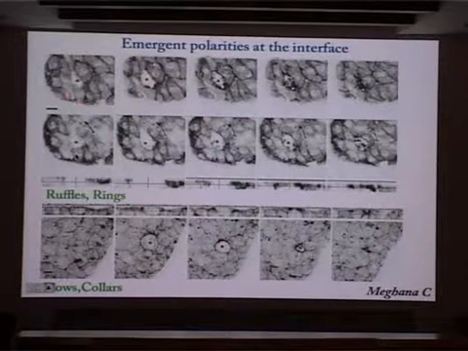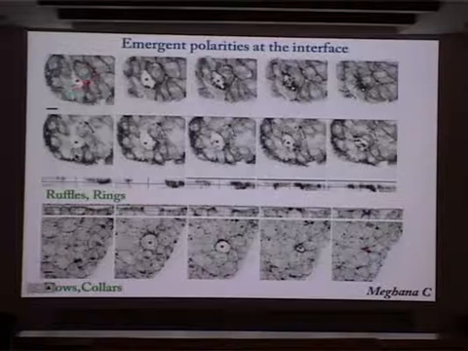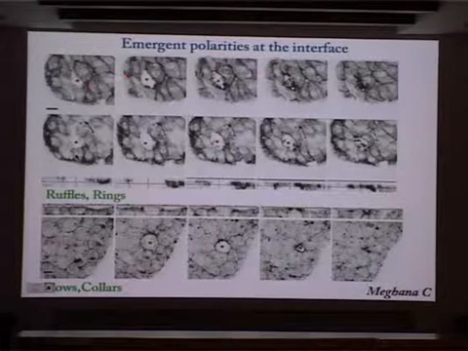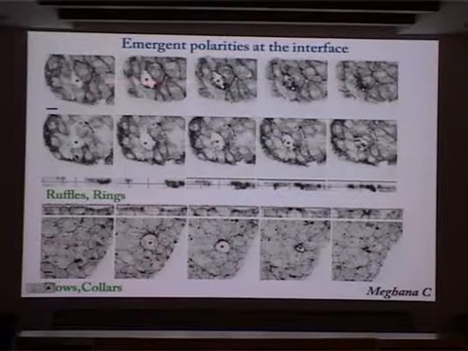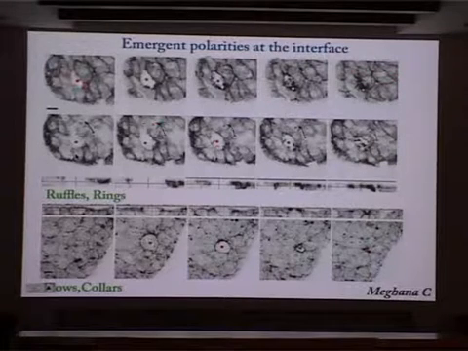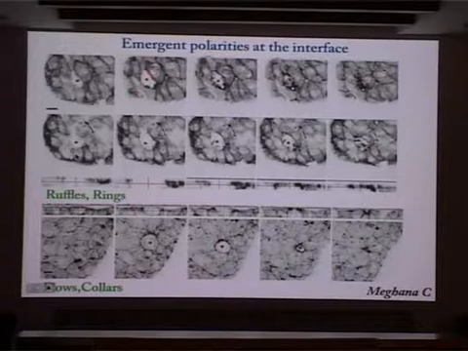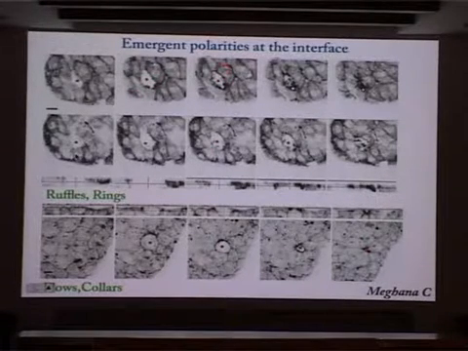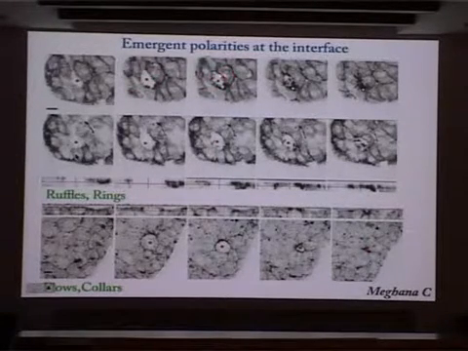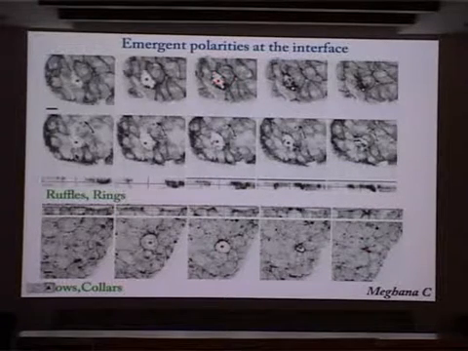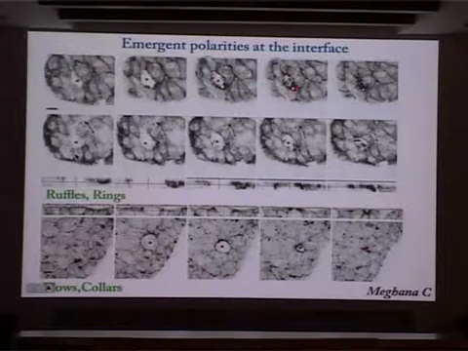And so one of the elements that we looked at shows this. So this dot here marks the cell that was perturbed. And this element here begins to appear in the form of ruffles in a ring, right? And these ruffles kind of move inwards, and I'll show you a movie of that.